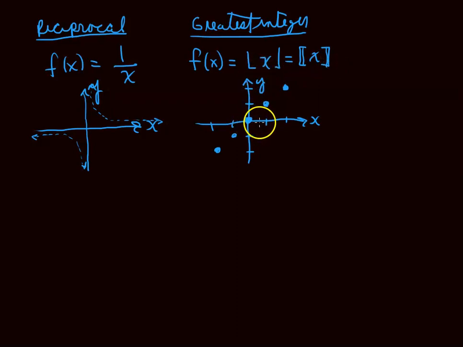But if I give you a 1/2, you want to return an integer not greater than 1/2. Well, that would be 0. So all of these, up until you get to 1, are zeros. 9/10 returns a 0, because that's the greatest integer not greater than 9/10. How about 1.5? Well, it will return a 1.